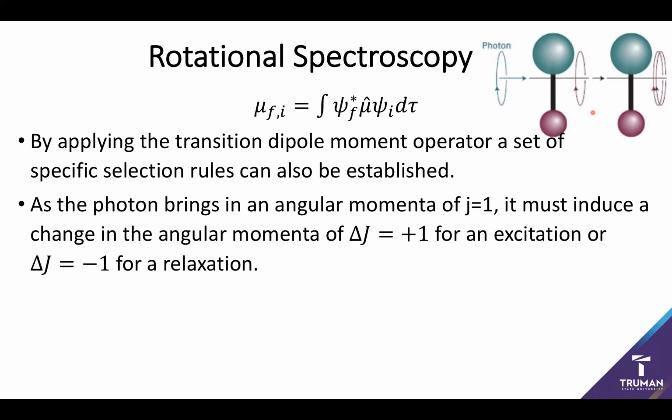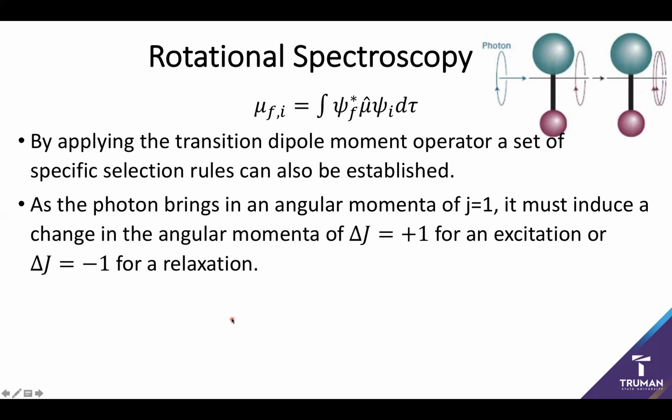So this means my energy is going up, or in a relaxation event, such as the molecule losing energy, I can also see a decrease in the angular momentum by 1. However, in practice for photonic absorption, we're only going to see an increase in the value of J.